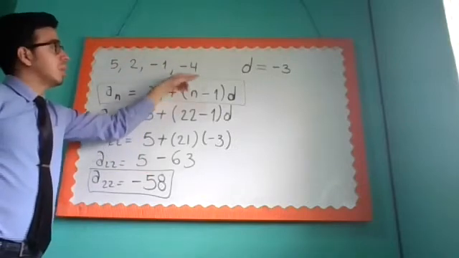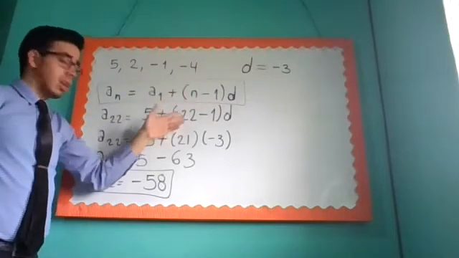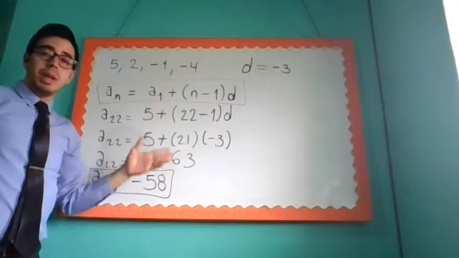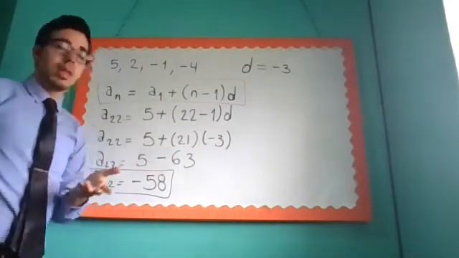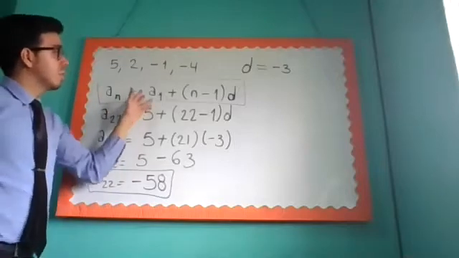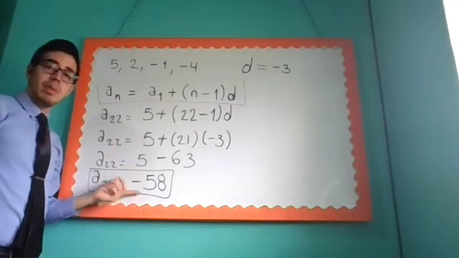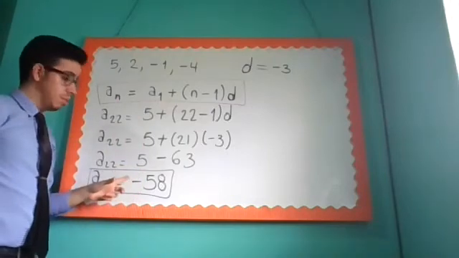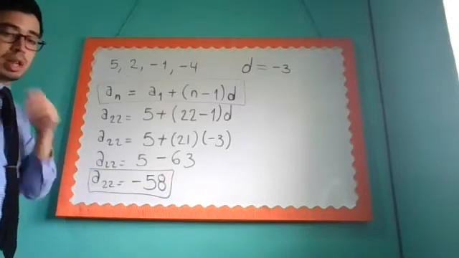For example, obtain the 5th term, the 6th, 7th, and the 20th term until you find the 50. One by one, you can take many pages, finding all the terms. So you use the formula and you can find any term only replacing the values you have to obtain the value you need. In this case, you need a sub 22 and you obtain the answer.